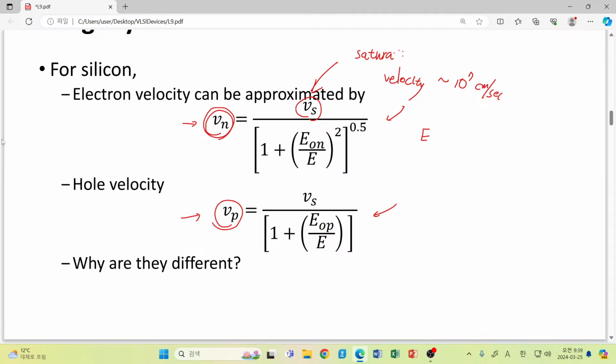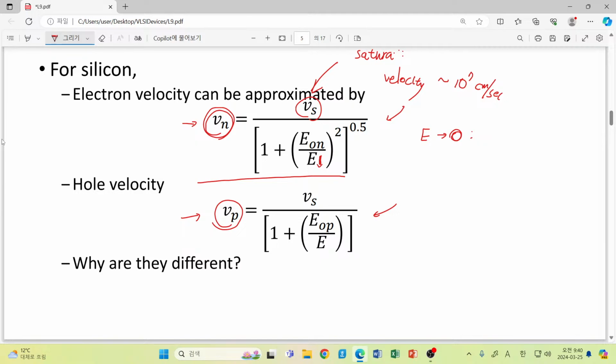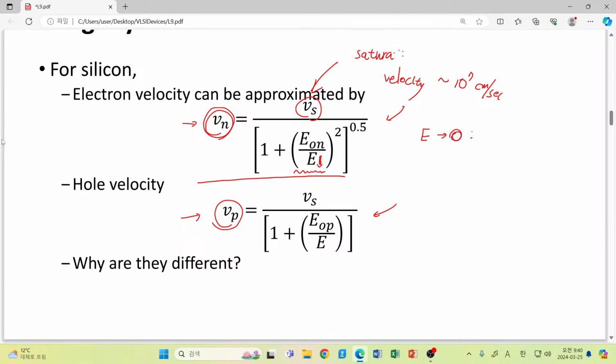One case is where the electric field is quite low. Then what will happen to our system? If we adopt this kind of expression, and go to quite low electric field, then this lower part becomes extremely small. Then overall this ratio will become quite high.